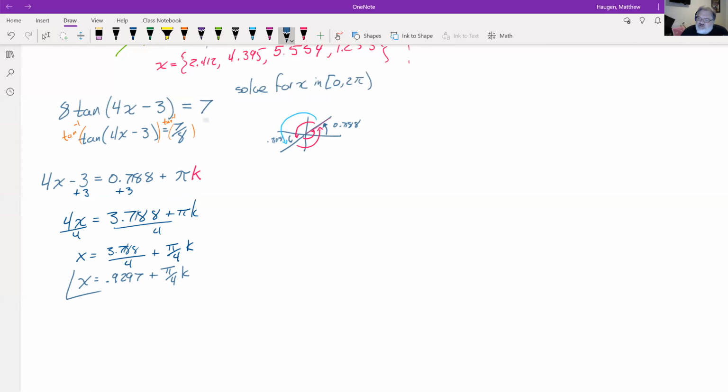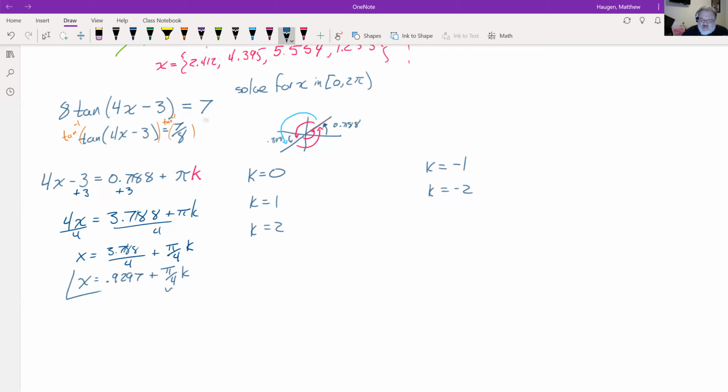But if we wanted our solutions in the interval from 0 to 2 pi, we'd want to start playing with our k's. So k equals 0, k equals 1, and we'll see when they get too big, and we won't forget that we want to at least consider negatives until they're too small.